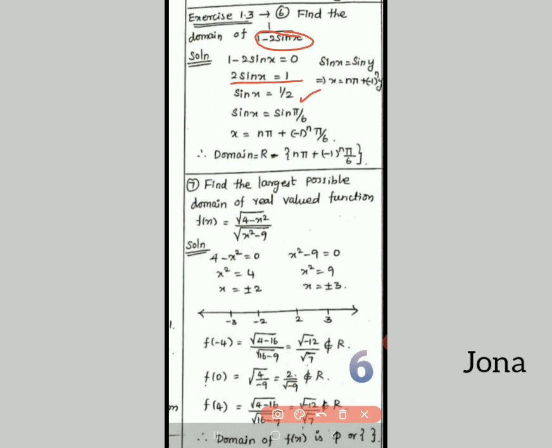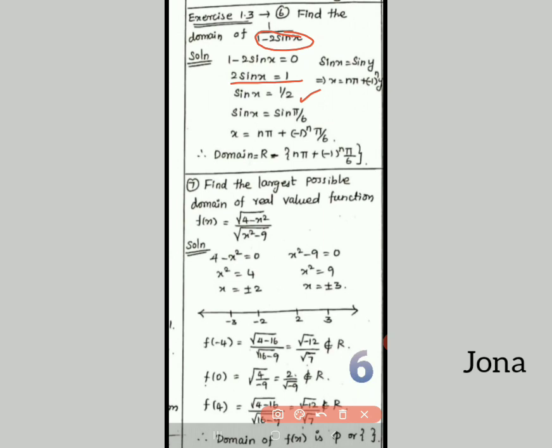Sin x equal to 1 by 2, we learnt in 10th standard in the trigonometrical ratios. In that table, we found the values for 30, 45, 60, 90 degrees, isn't it? So in that table, in sine, for which angle we got 1 by 2?